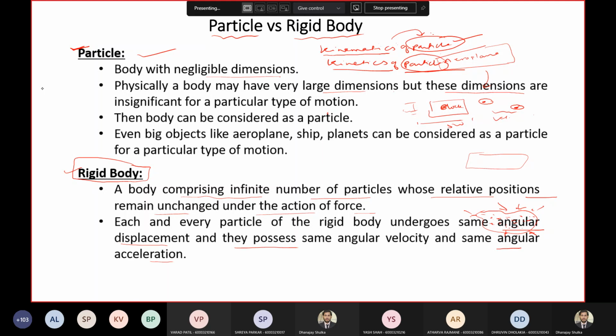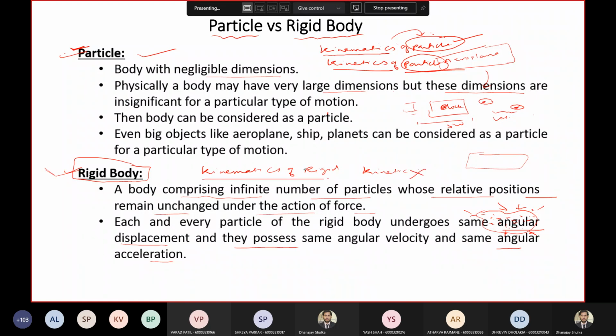So you can consider the particle idealization as well as the rigid body idealization to analyze the motion. Similarly we can have kinematics of rigid body and kinetics of rigid body. Kinetics of rigid body is not in your syllabus.